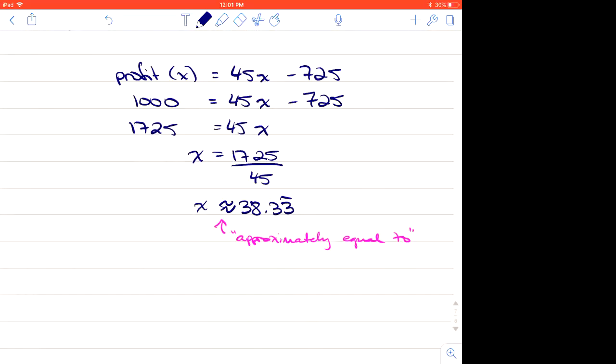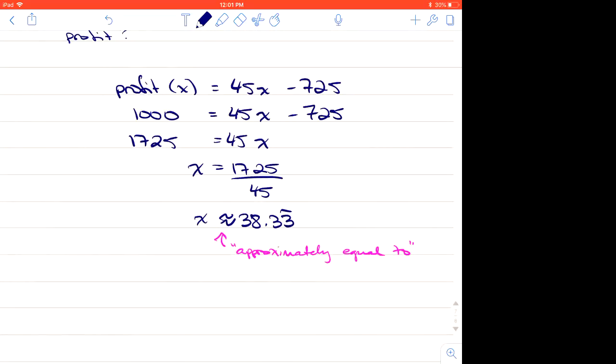So to have a profit of at least 1,000, I can't just sell 38, because we assume that we're going to make more profit the more items we sell. So if I only sell 38, that's slightly less than 1,000, because to get exactly 1,000, I would have to sell 38.33333. So we're going to have to sell at least 39 items to make at least $1,000 in profit.